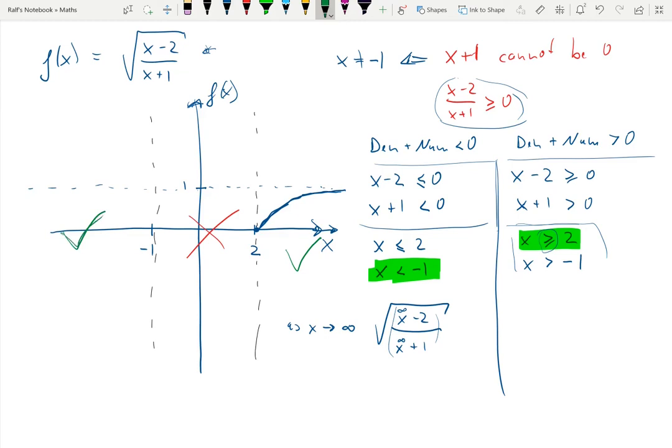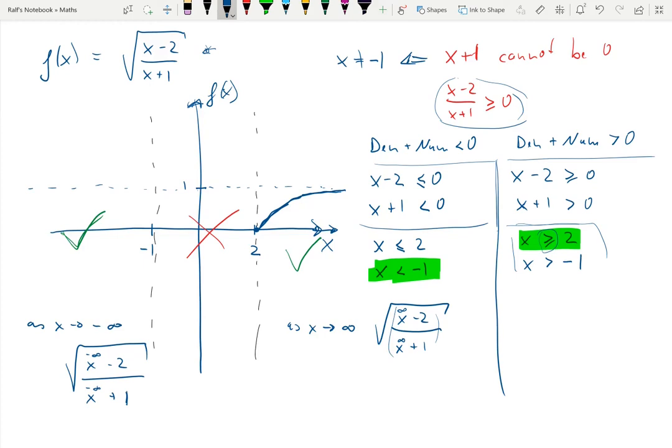Let's again think what happens as x becomes -infinity, for very negative values of x. We'll think about the same again. So we have x, which turns to -infinity, minus 2, divided by x, which is -infinity, plus 1.